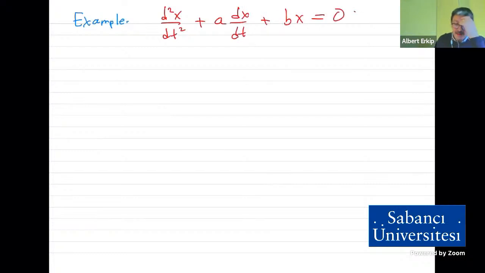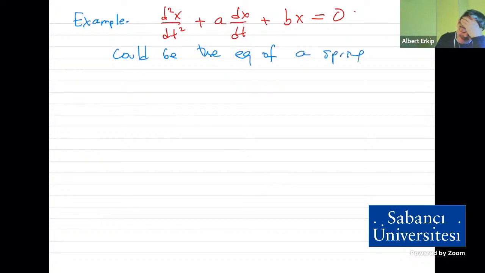Let's just look at this equation. This could be the equation of a spring in physics. B is the spring constant, and a is just friction.